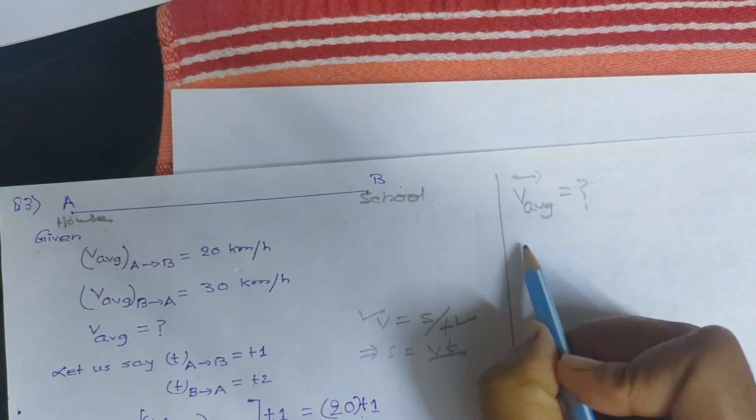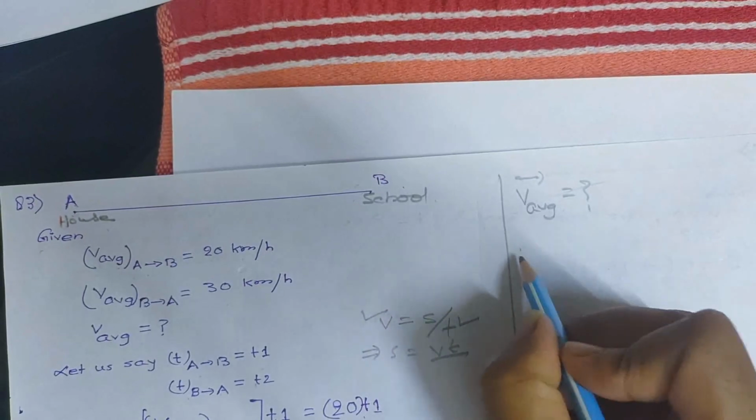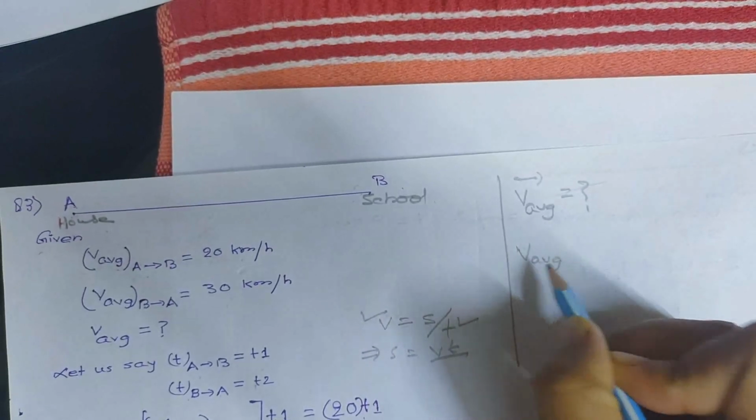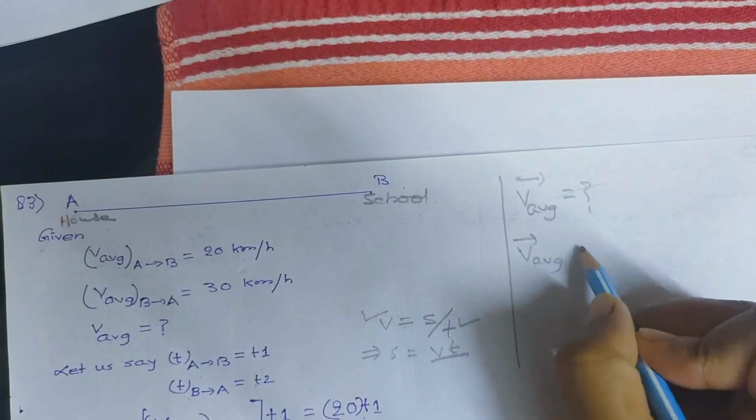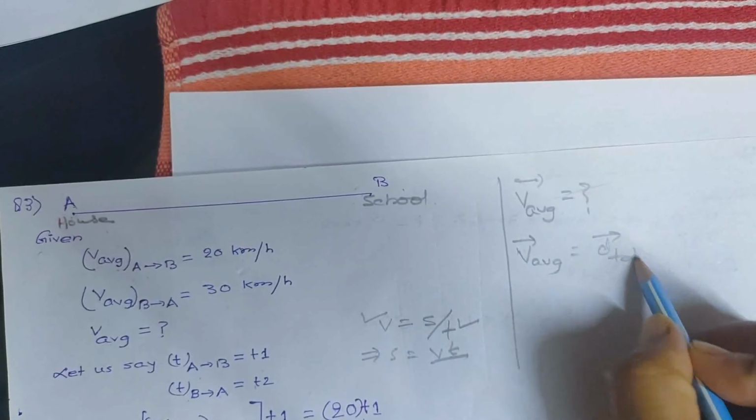Of course you should be able to calculate it. Average velocity is total displacement by total time taken.